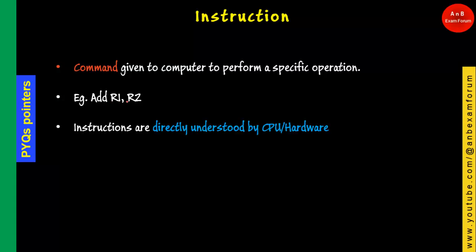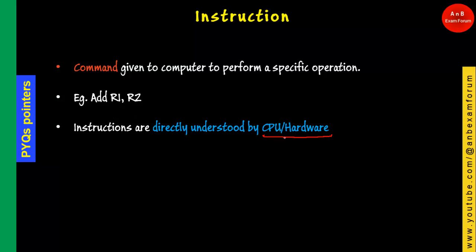And student, remember, these instructions which we are talking right now are directly understood by CPU or the hardware. Okay, and we have already covered the chapter CPU, where we have seen instructions are directly fed to the CPU, and there are 4 phases in it, like fetch, decode, execute and write back. Okay, so instructions is the basic for the CPU part.